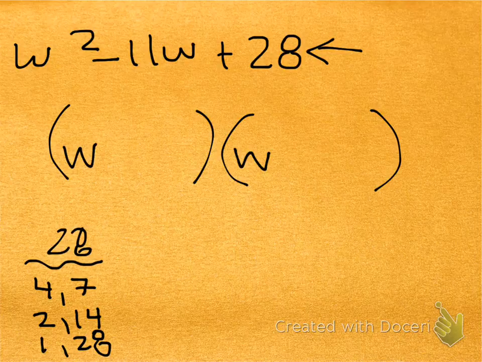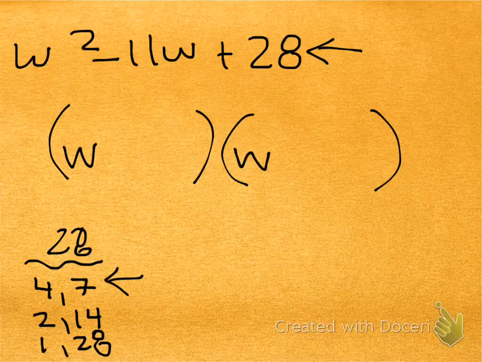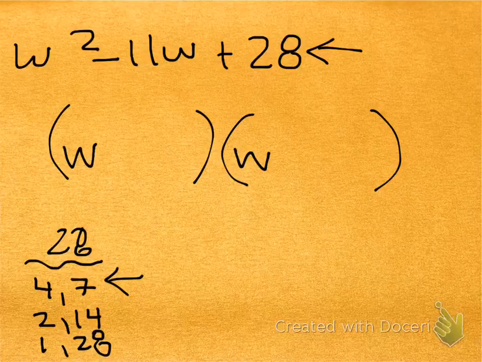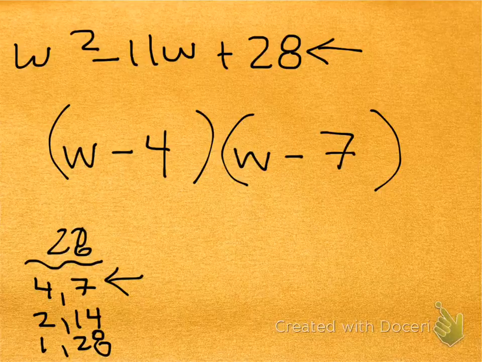What we have in common here would have to be 4 and 7, which give us 11. And since it needs to be negative 11 when we add and positive 28 when we multiply them, they're both going to have to be negatives. So we have w minus 4 times w minus 7. And that would be my answer.